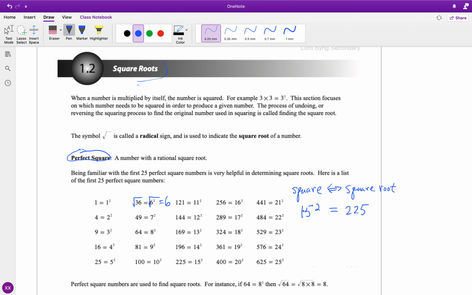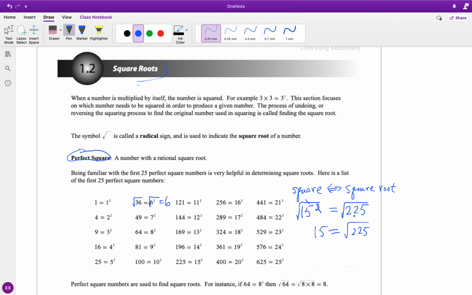So if I take the square root, the radical sign, of 225, and I square root here too, because they're equal, I do the same operation on both sides. The square and the square root cancel, and therefore it becomes 15. So the square root of 225 is 15.